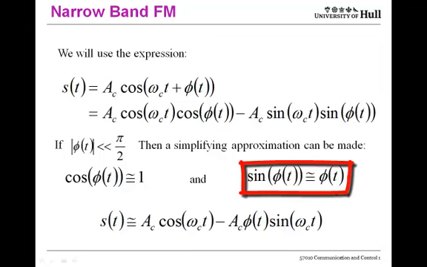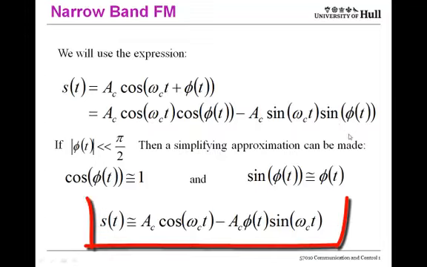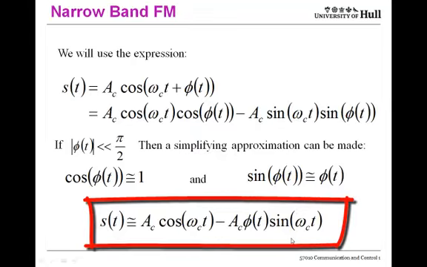So this is throwing away the next term, which is phi cubed, and this is throwing away the next term, which is phi squared. So to first order, this is correct. So substituting this cos for 1 and this sine for phi yields this expression down here.